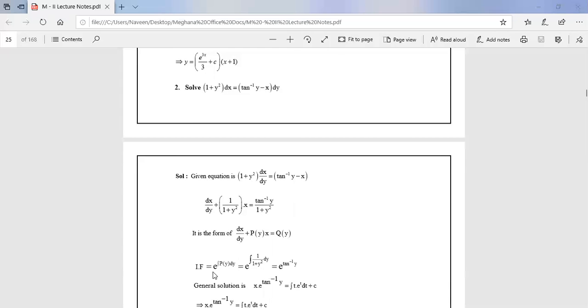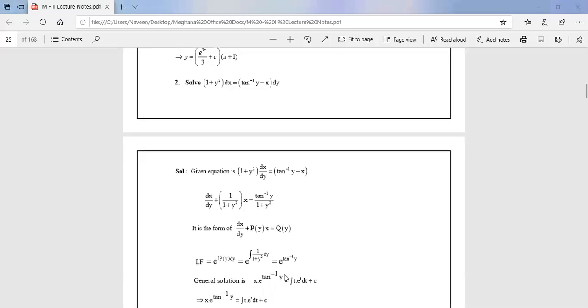So the integrating factor is e power integral 1 by (1 plus y square) dy, which is equal to e power tan inverse y, since we all know that the integral of 1 by (1 plus y square) dy is tan inverse y.